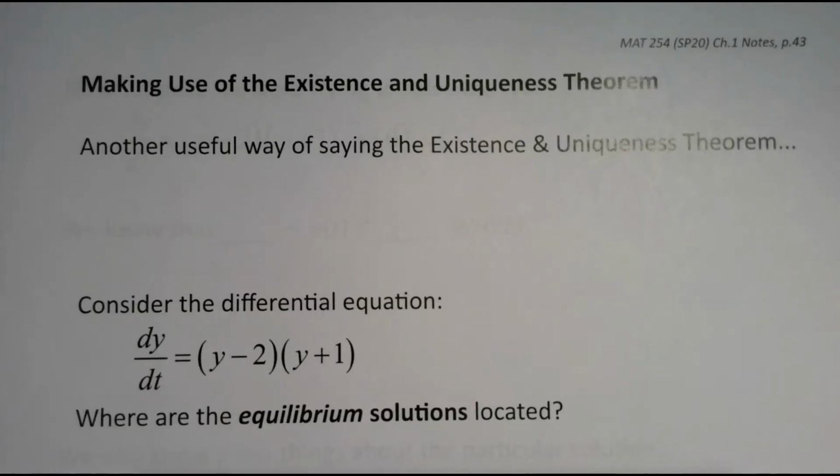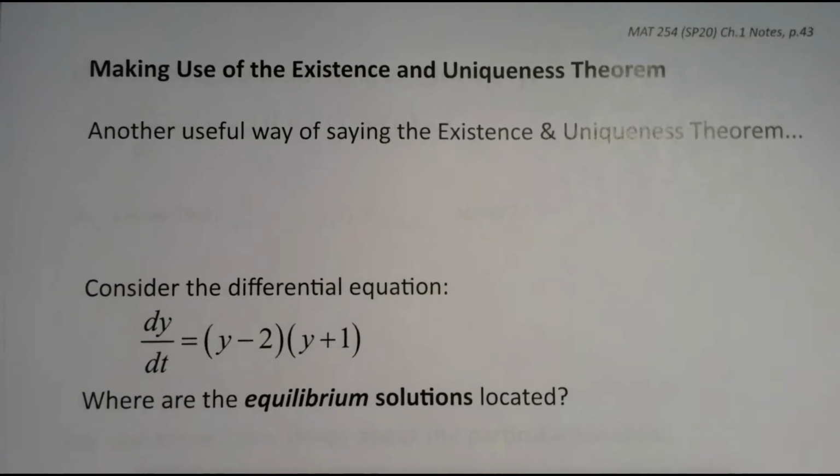So one of the ways that the existence and uniqueness theorem is most useful to us doesn't come right out from the way the theorem is spelled out for us.